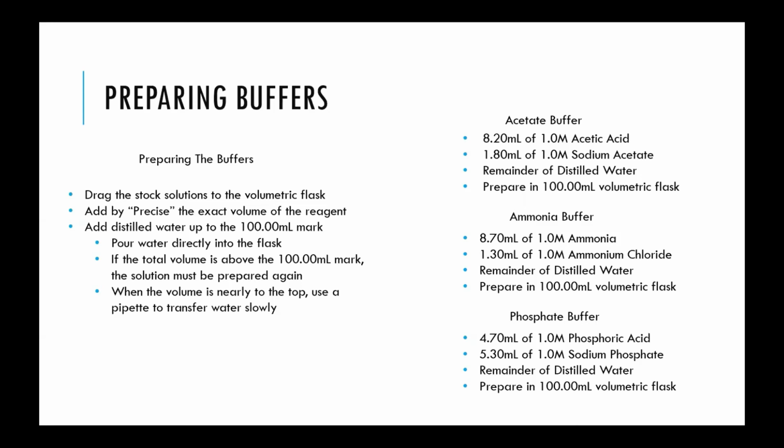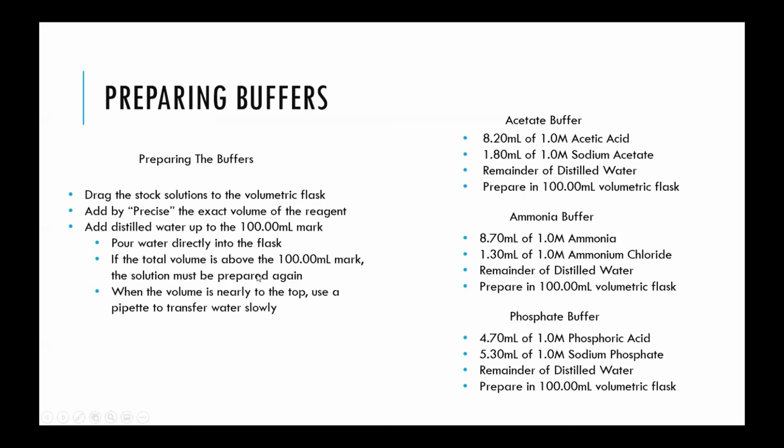When preparing solutions in a volumetric flask, you can pour water directly into it for a while, but when it gets up to that narrow neck part of the volumetric flask, you really should slow down and then slowly add water up to the 100 milliliter mark. This is so that the final volume is exactly 100.00 milliliters of solution contained in the volumetric flask.